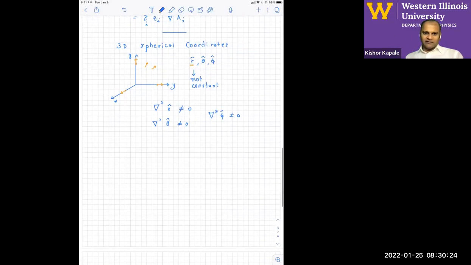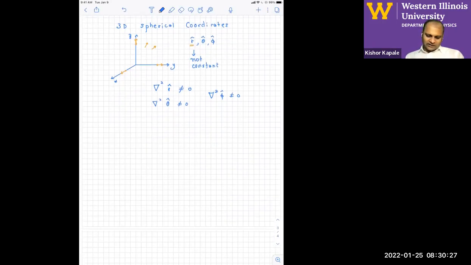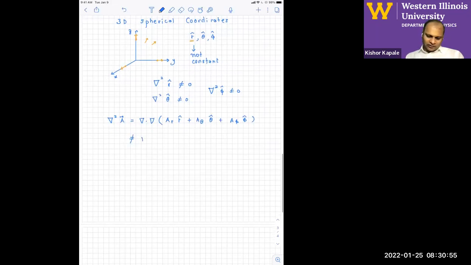So you need to be very careful when we were doing this identity, del squared A. If you wanted to express A in 3D spherical coordinates, then it would be A_r r hat plus A_theta theta hat plus A_phi phi hat, and that is not equal to r hat del squared of A_r plus theta hat del squared of A_theta plus phi hat del squared of A_phi.